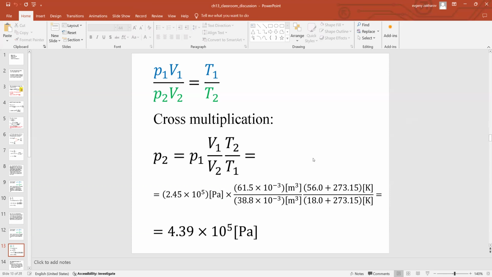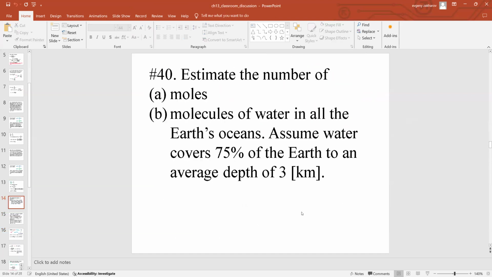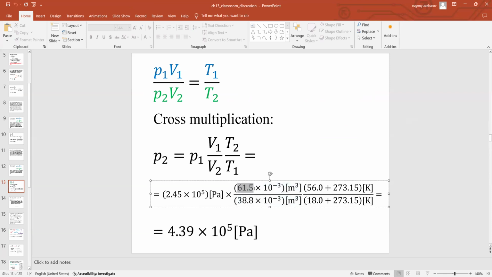Volume is in liters, which is not good, and you have to convert it to meters cubed. Meters cubed is the System International unit. So it's your 61 liters, and see how it's thousandths of a meter cubed. So you multiply by 10 to the negative third, and that makes it meters cubed.